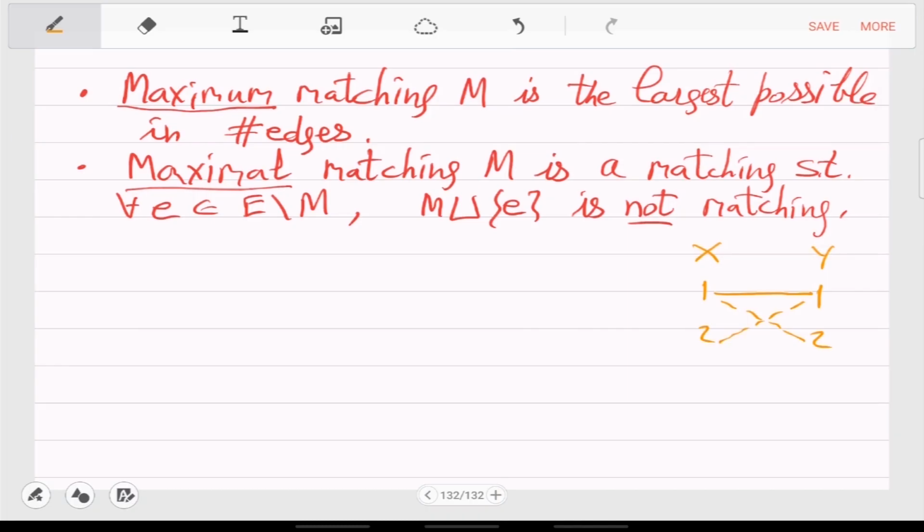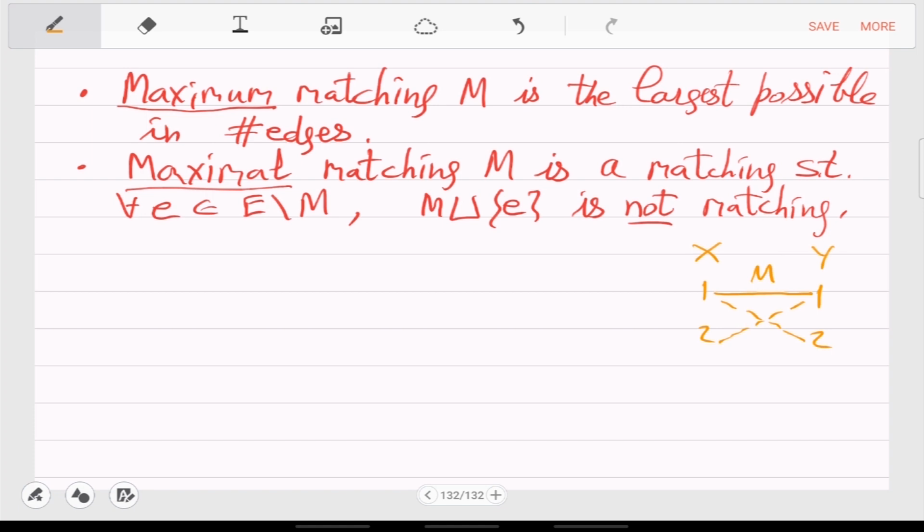So here if you take this edge to be in the matching, if M is (1,1), right, and there are 3 edges in the bipartite graph. So there are 2 more edges which are dotted. If you add a dotted edge, then the problem is that it will overlap with M. So you cannot add, right? So this M is maximal.